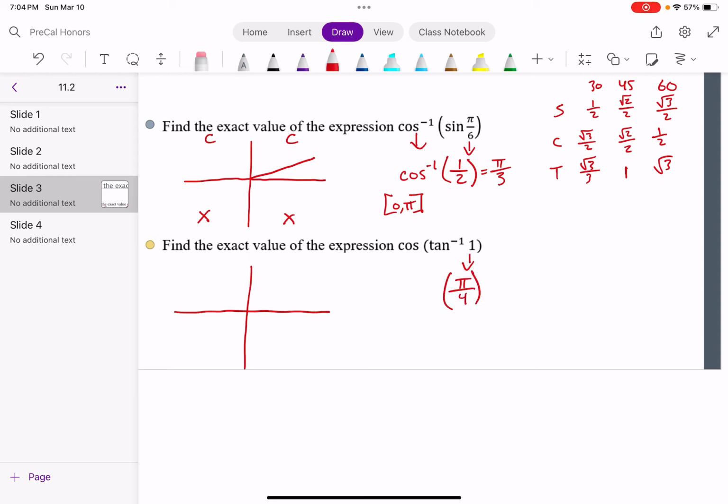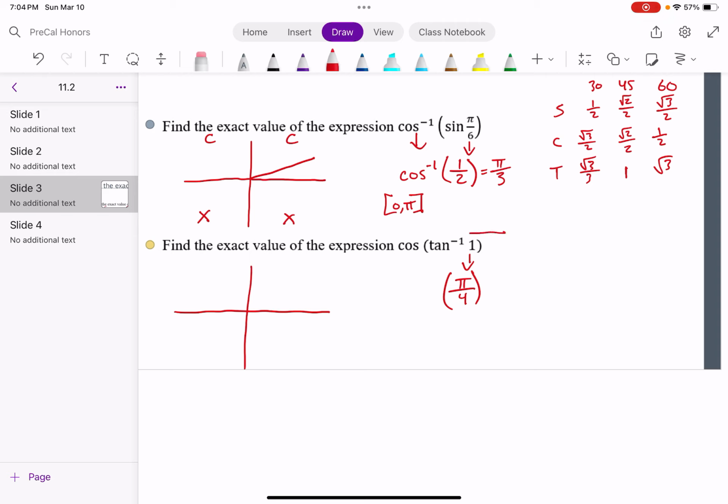So let's talk about how we would come about this. The only time that we would have a value of 1 come out of this would be if, and only if, our numerator and denominator are equal to each other.